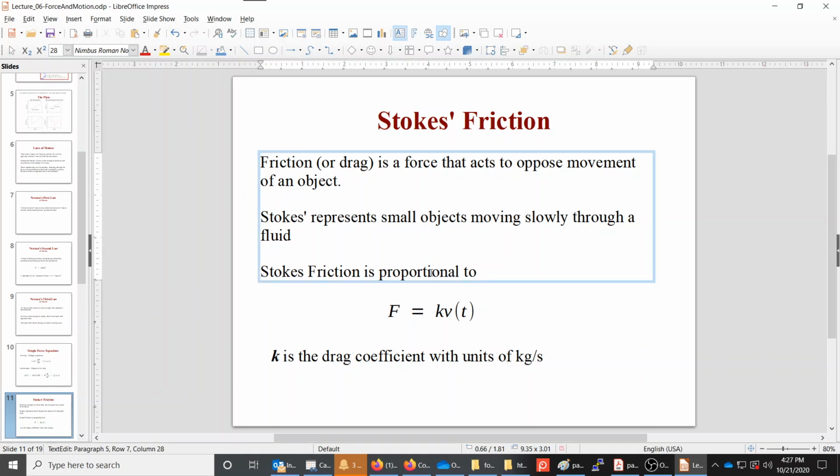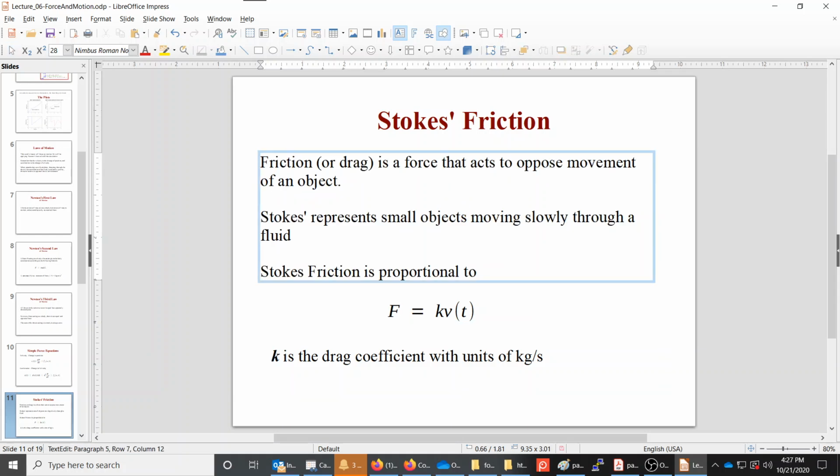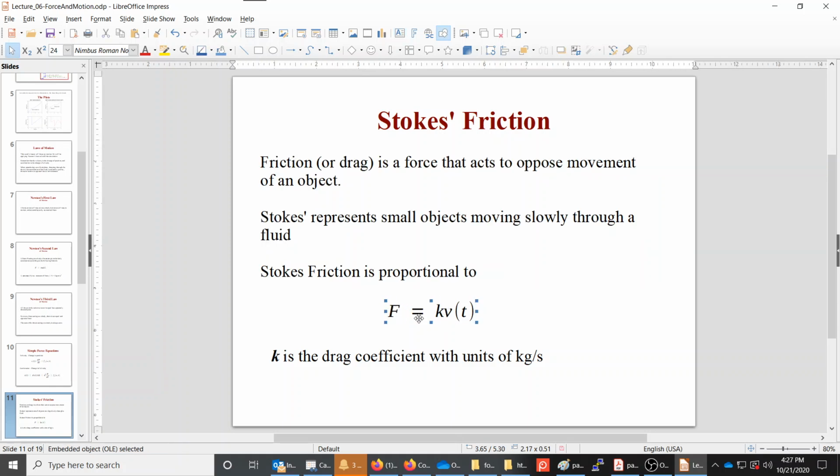Now there's a couple of different types of friction, and the one we're looking at here is what's called Stokes friction, which is proportional to the velocity. So friction is a force, and that force is a scalar quantity times the velocity, okay?